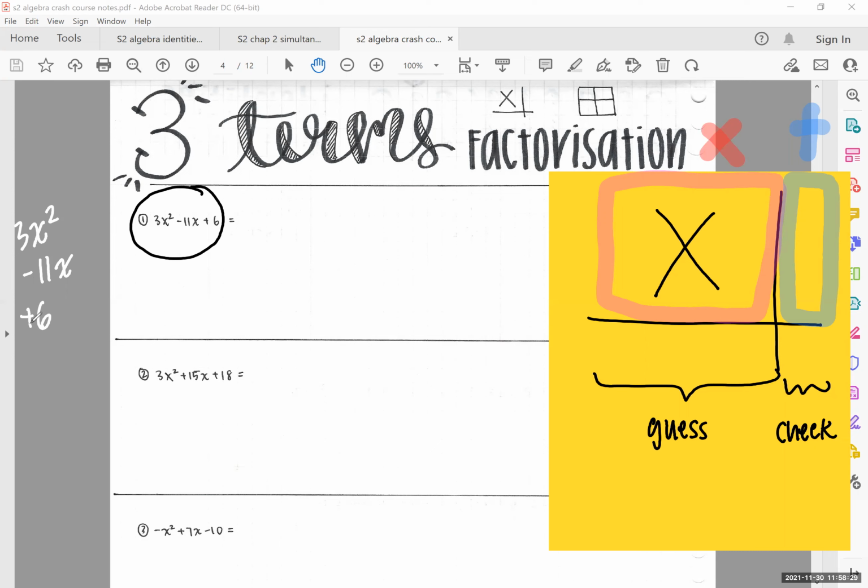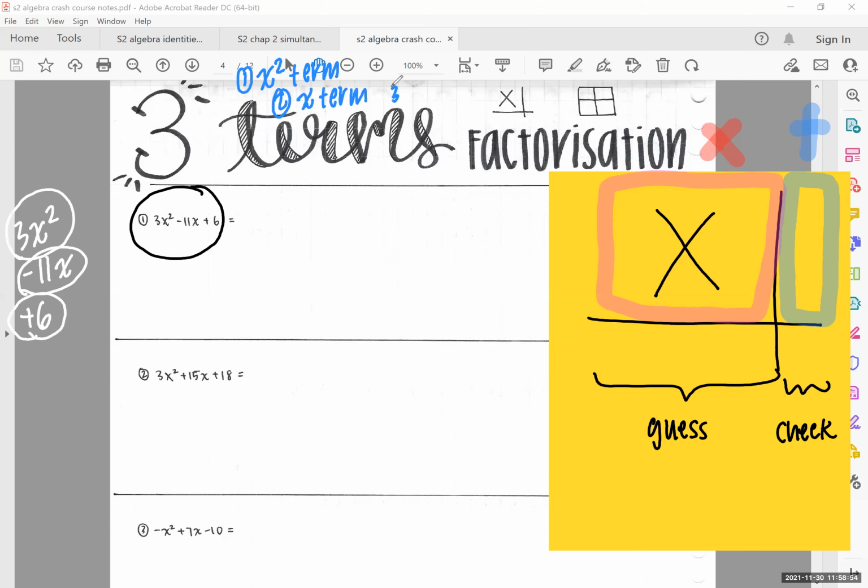Now, can you see here? This is called an x squared term. This is called an x term. And this is called a constant. I repeat, in order to do a 3-term factorization, please write this down in your notes now. What are the three terms you need? Number one, you need an x squared term. Number two, you need an x term.